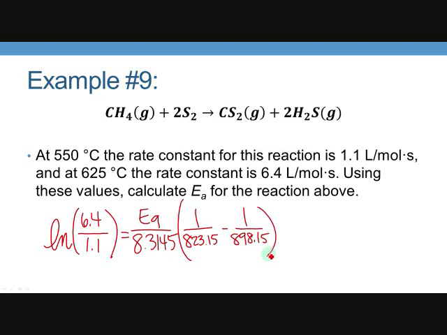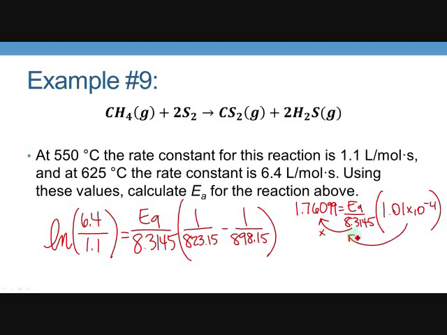Simplifying, I got the left side to be 1.76099 equals the activation energy, and I simplified the parentheses, which was 1.01 times 10 to the negative 4. Then I would multiply over the 8.3145 and then divide, being careful with your order of operations.